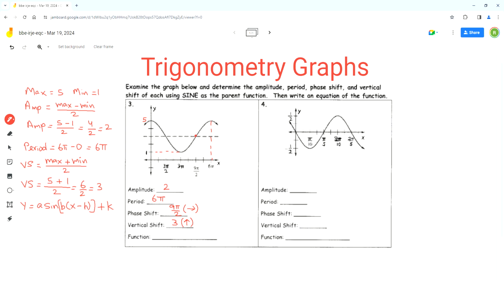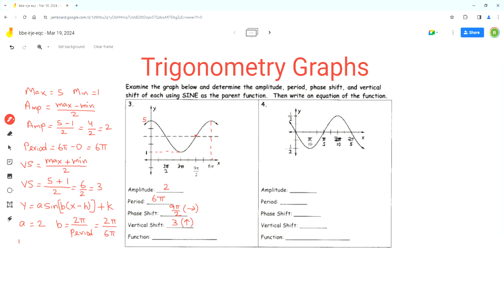The a value represents the amplitude. In this case, a is equal to 2. The b value can be calculated from the period. The formula for b is 2 pi over p, and the period of this function is 6 pi.